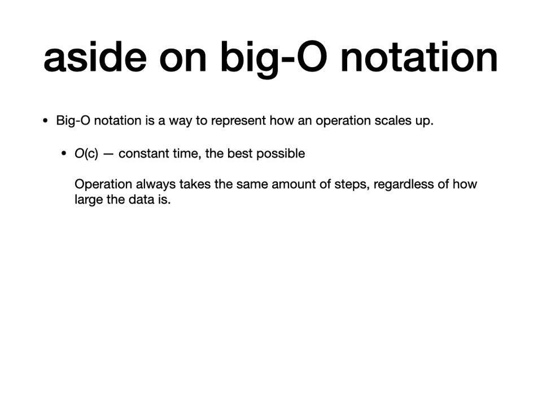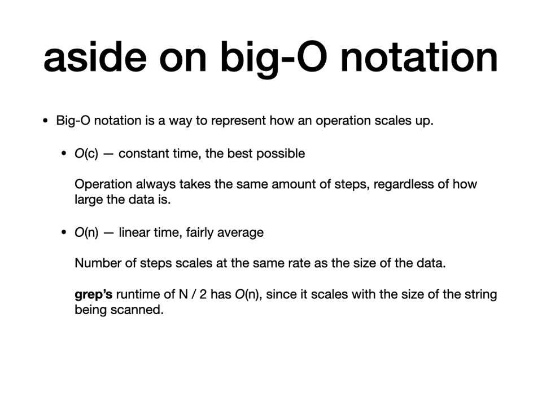Versus linear time. Now, this is fairly average for most algorithms. The number of steps it takes will scale at the same rate as the size of the data. So, I poo-pooed grep's runtime, but it's fine, right? This is what you can sort of expect out of any given algorithm. Grep's runtime is big O of n. It will scale with the size of n.